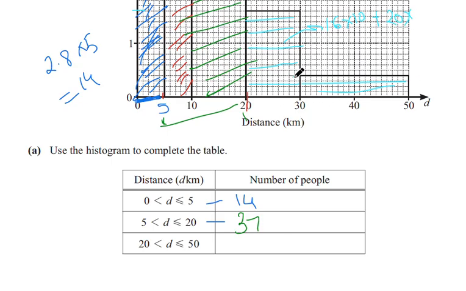So 20 times how much? This line is 0.4. So we get 1.6 times 10 is 16, and 20 times 0.4 is 8. So 8 plus 16, that is 24. So this answer must be 24.